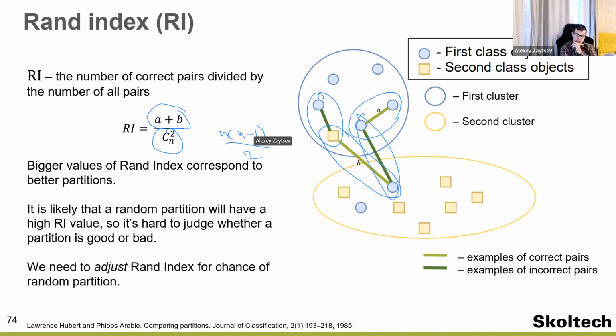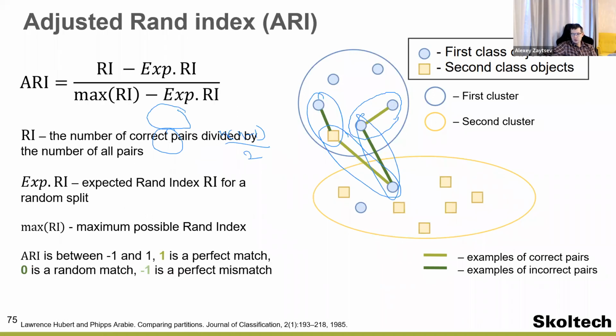Now it is. So we want this Rand index to be as big as possible, to have a large number of correct pairs. And we also adjust the Rand index, to normalize it.